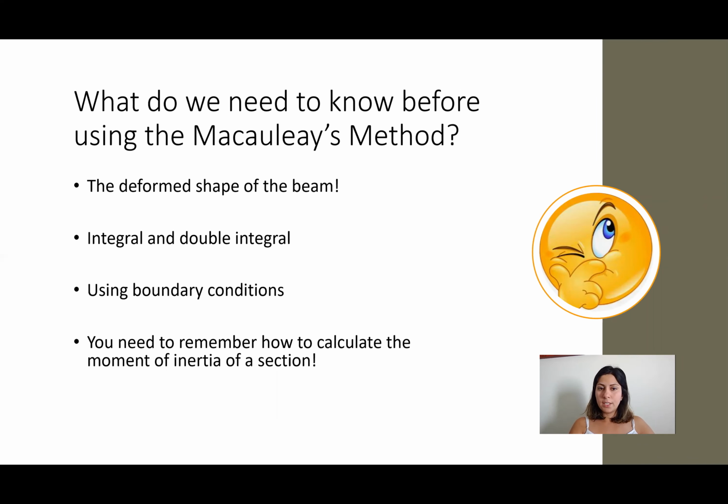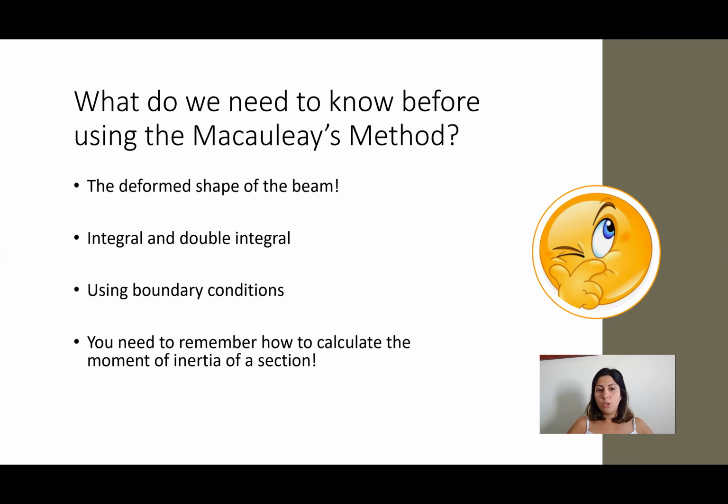Before starting this method, we need to recap some information that you need in this method. For example, you need to be able to draw the deformed shape of the beam.